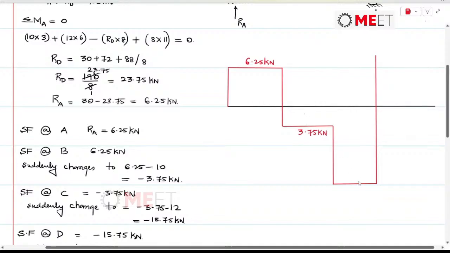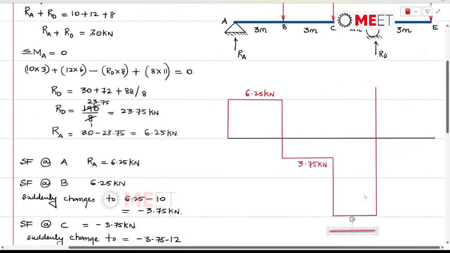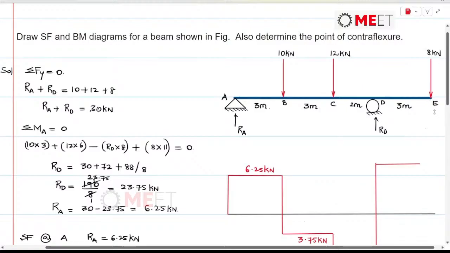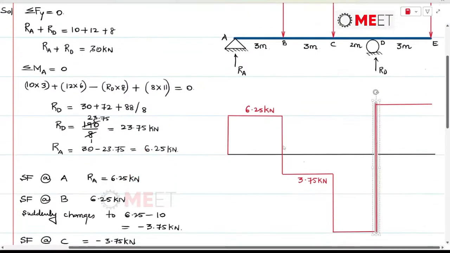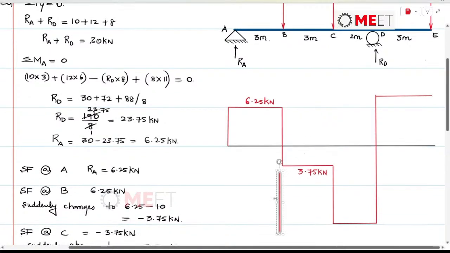And this continues to be maintained up till point E. So this line will be extended up till point E. And at point E, once again, it is going to have a sudden drop to 0 kilonewtons.